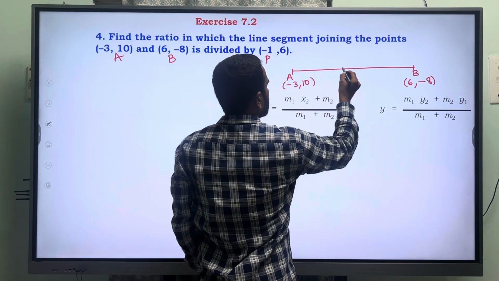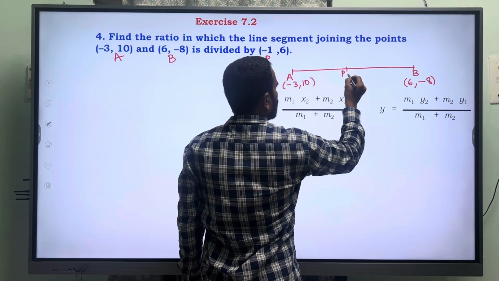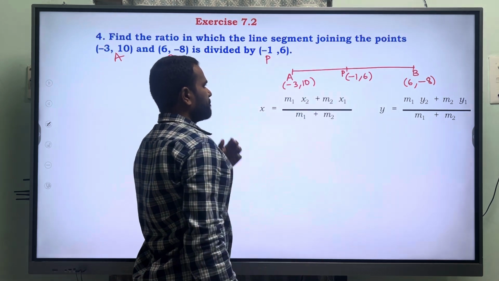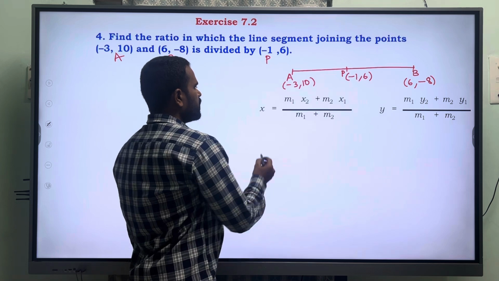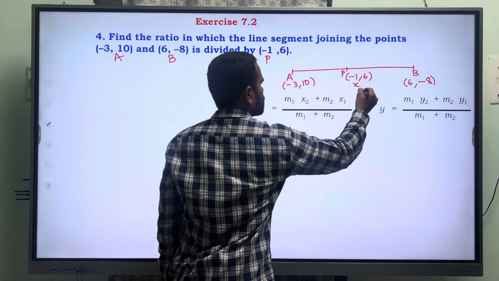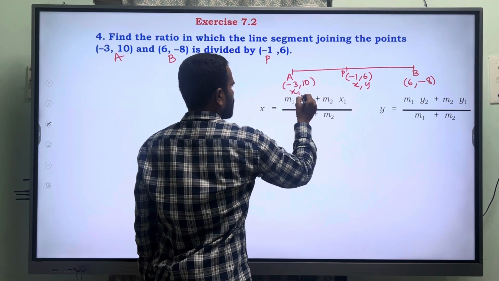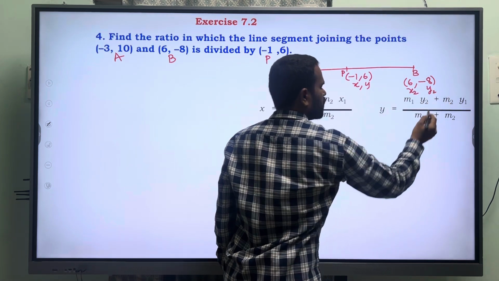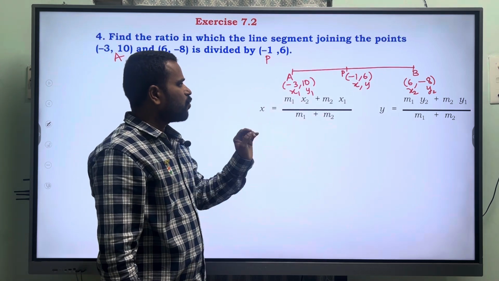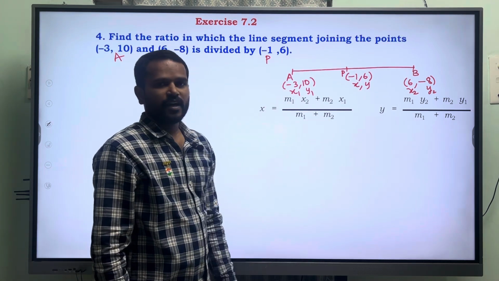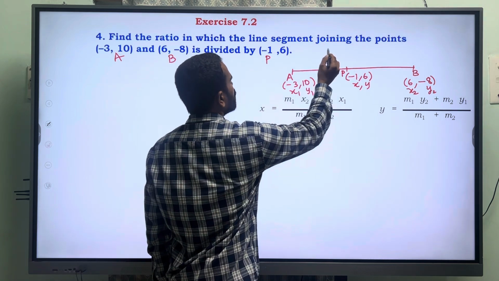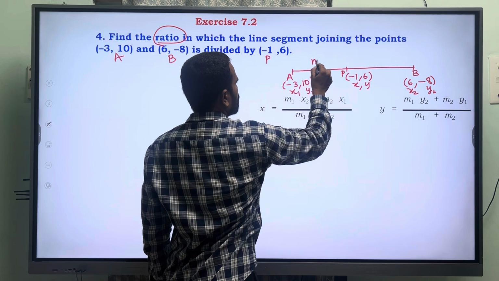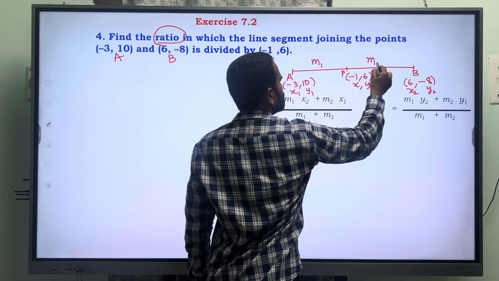Point P is somewhere here, with coordinates minus 1 comma 6. Here this is x, y, this is x1, y1, this is x2, y2. These are all the things given. So what do we need to find? m1 and m2. He is asking the ratio, right? Find the ratio m1 to m2.